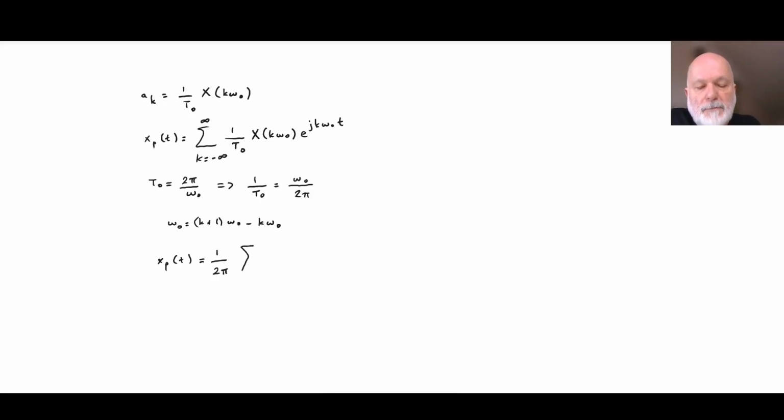And then we have the sum over k from minus infinity to plus infinity of capital X of k omega 0 e to j k omega 0 t. And then we have the expression (k plus 1) omega 0 minus k omega 0.